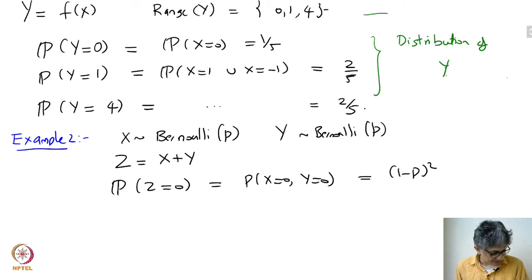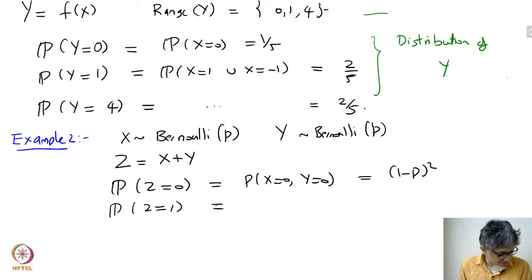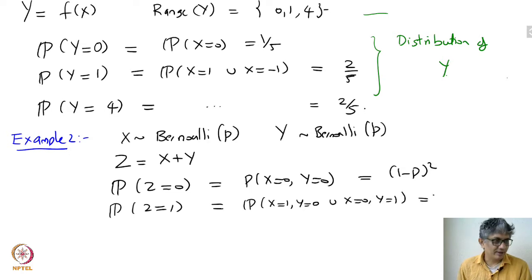Similarly, we did this other calculation where I said if Z is equal to X plus Y, how do I find the distribution of Z? So one was, I took Z equal to 0. That can only happen if X is 0 and Y is 0. And the other thing is Z could be equal to 1. In this case, X could be 0 and Y could be 1, or the other way around. So you could decompose the event as X is 0, Y is 1, or X is 1, Y is 0. And this came out to be 2p times 1 minus p.